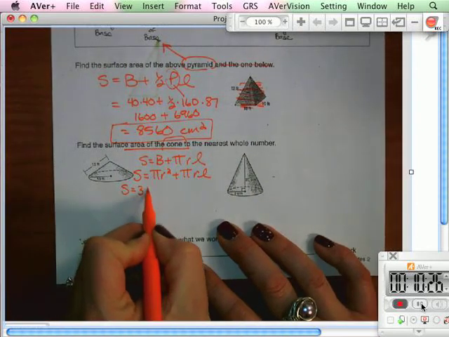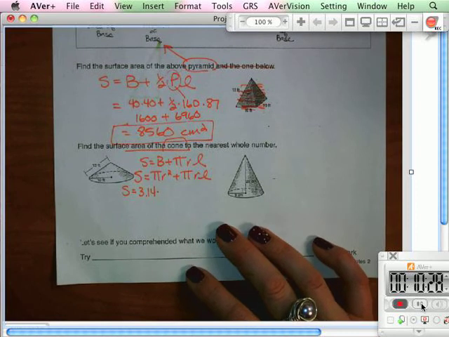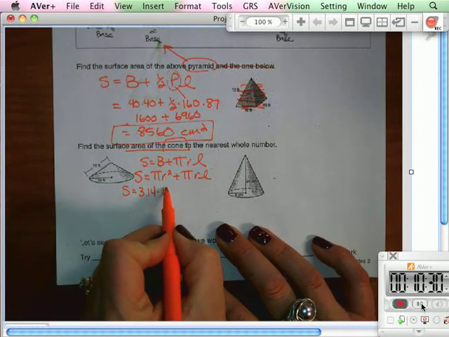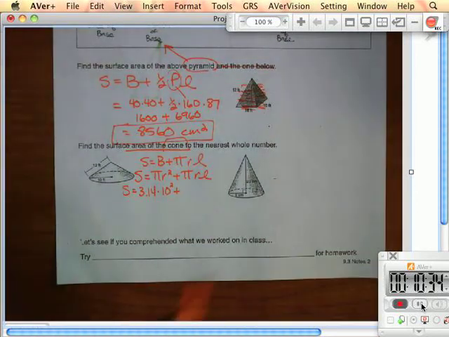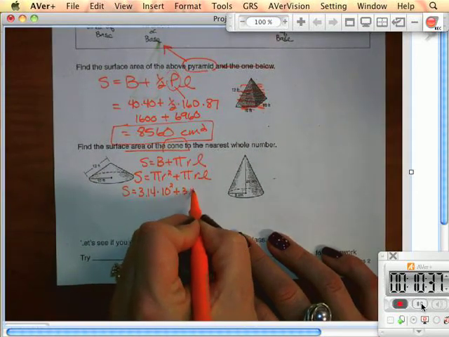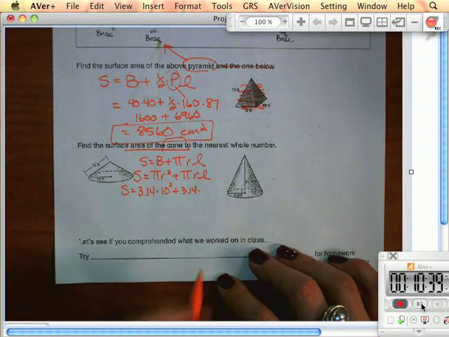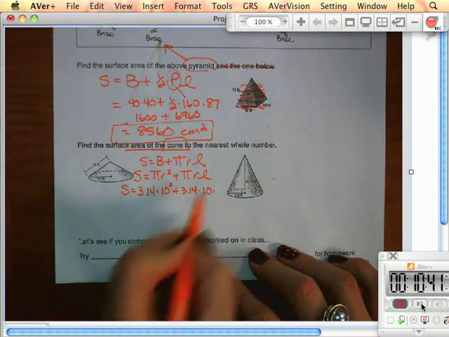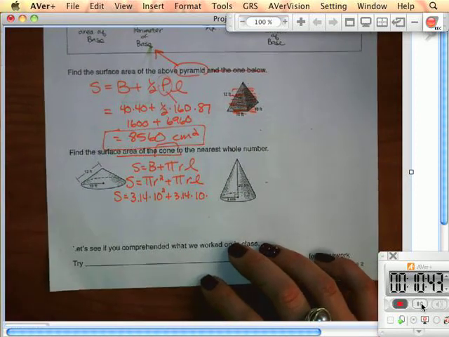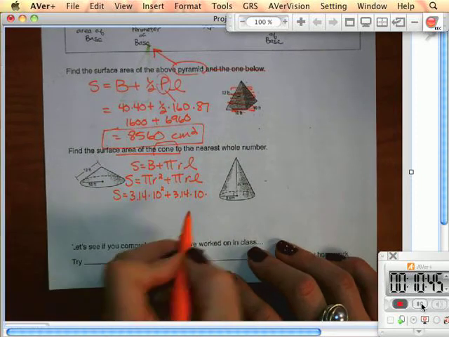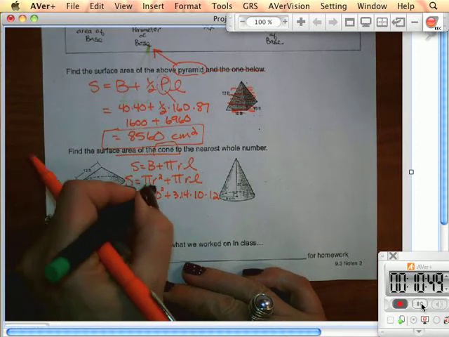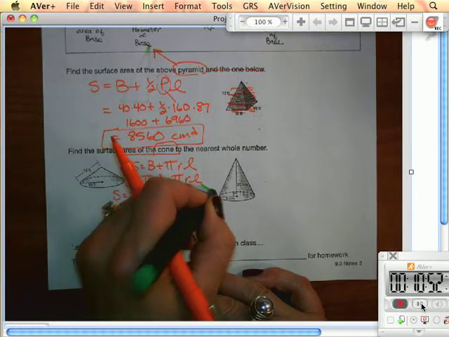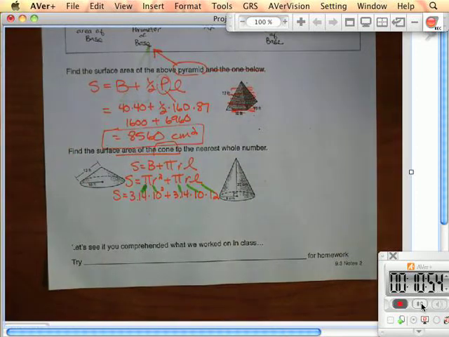Pi, we're going to use 3.14. The radius is 10, so it's going to be times 10 squared. And what's the slant height? That's 12. I kind of did this earlier today. I drew lines for everything, just in case you're having trouble seeing where I get this stuff.